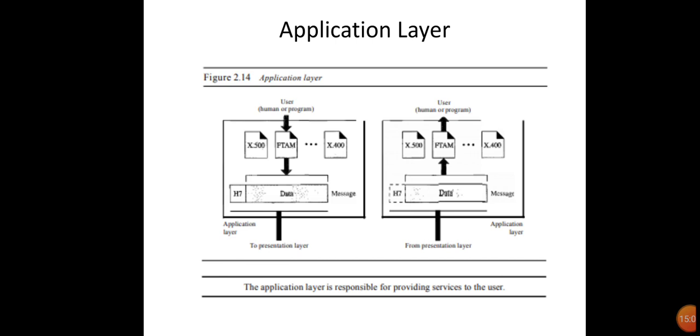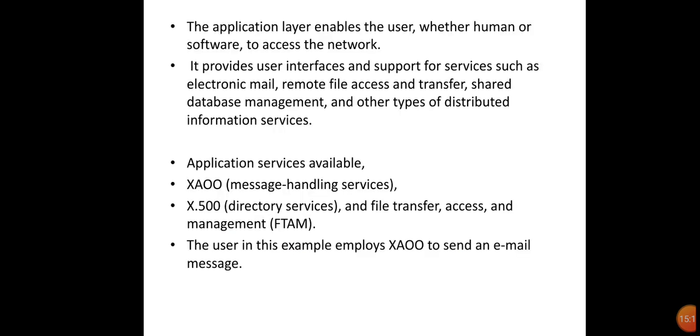Application layer. The application layer is responsible for providing services to the user. The application layer enables the user, whether human or software, to access the network. It provides user interfaces and support for services such as electronic mail, remote file access and transfer, shared database management, and other types of distributed information services.